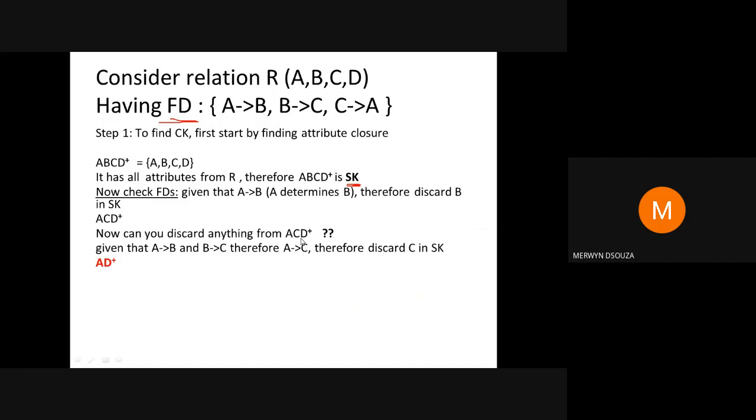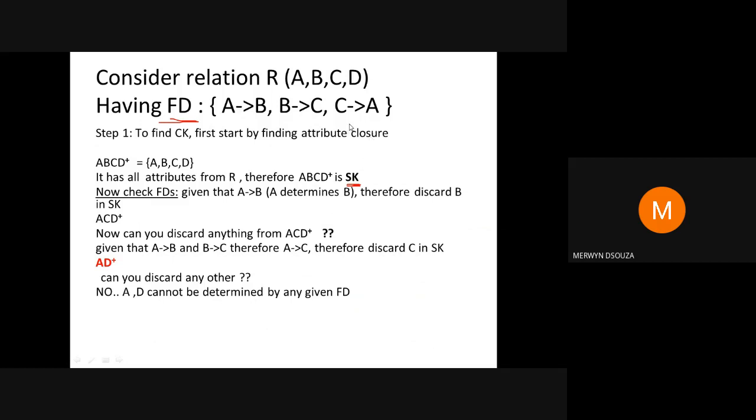Now check whether you can discard anything further from AD, applying the inference rules to the functional dependencies. No, you cannot discard anything, and AD also cannot be determined by the given functional dependencies. What do you mean by this? A or D are not appearing on the right hand side here.